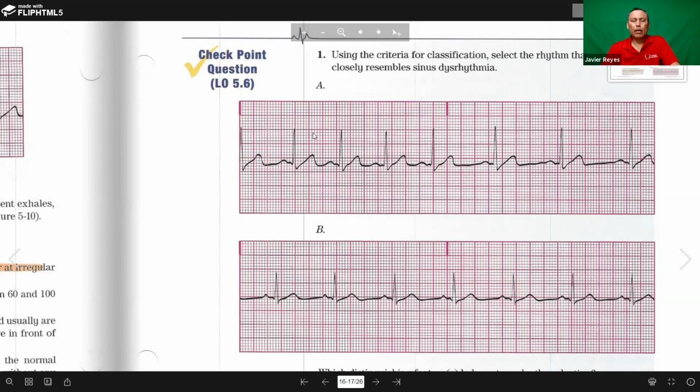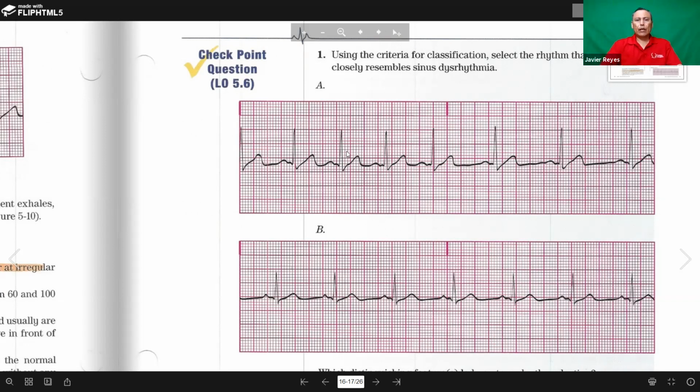Count the big blocks between the R's, and tell me if they're exactly the same or are they different? Count the number of blocks between the R's. They're different. A is different. A is different, exactly. So this is a sinus dysrhythmia because everything else is normal, except the R's are not occurring regularly.